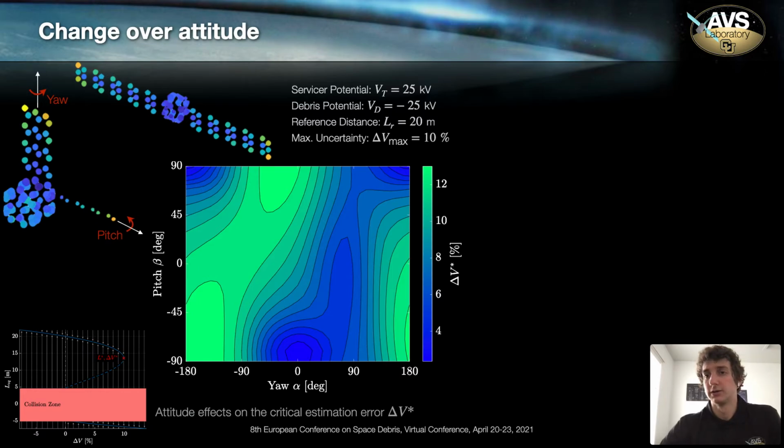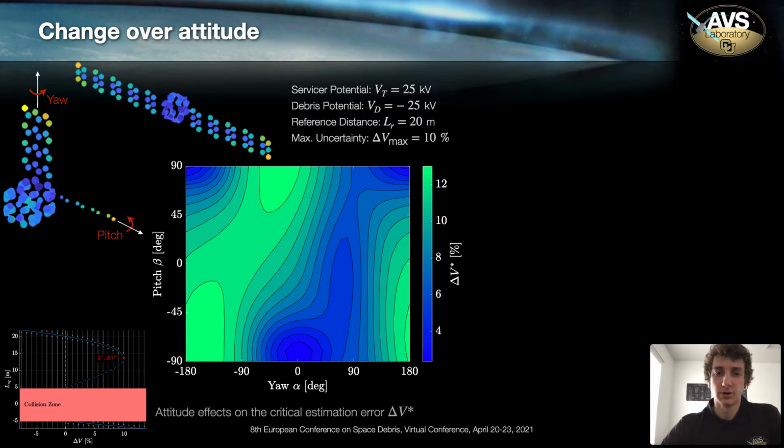The green areas show those orientations that increase the critical estimation error, which is good. But the blue regions show those orientations where the critical estimation error decreases, which would cause a collision for a small estimation error.